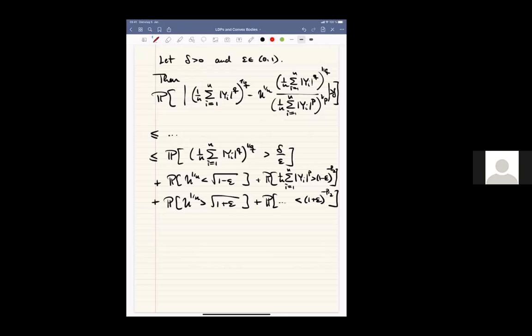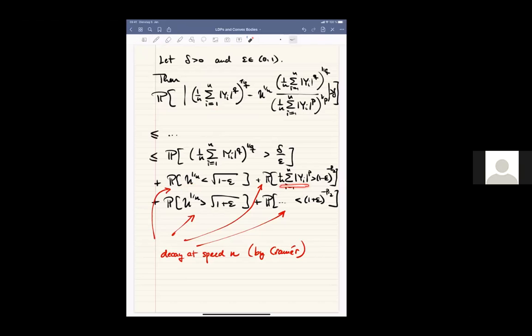And the thing now is, all these parts decay at speed n, so it's e to the minus n, by Cramer. Because you remember we proved the large deviation principle for this.